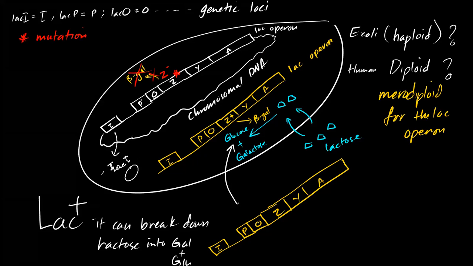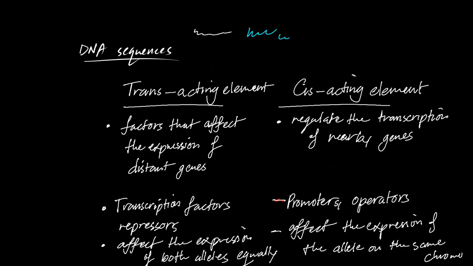And the lacI repressor protein can both bind here and bind here, which means the lacI repressor protein can affect the transcription of these genes on this allele and this allele, or this allele and this allele equally. Okay, this is what is meant by affecting the expression of both alleles equally.